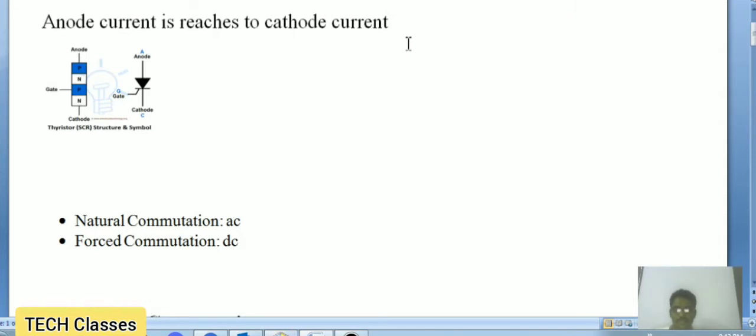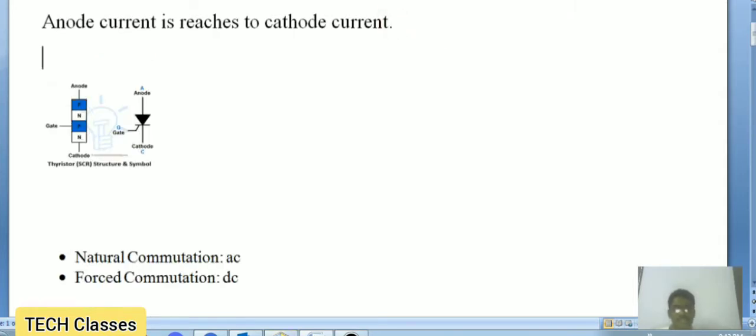One more point: when can we say the SCR is turned off? Whenever the anode current reaches the holding current, then we can say that SCR is in off state.